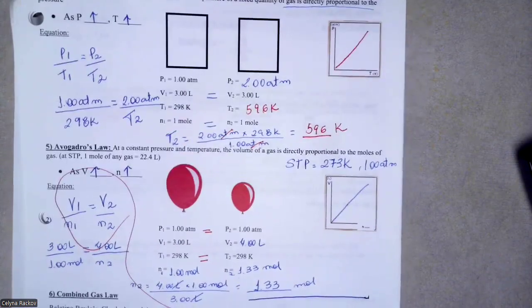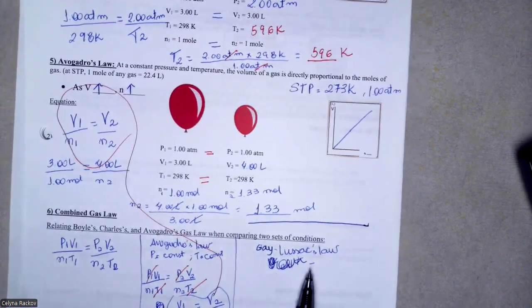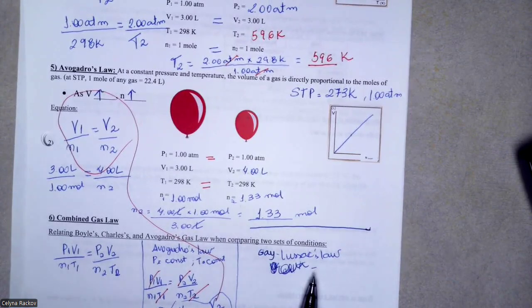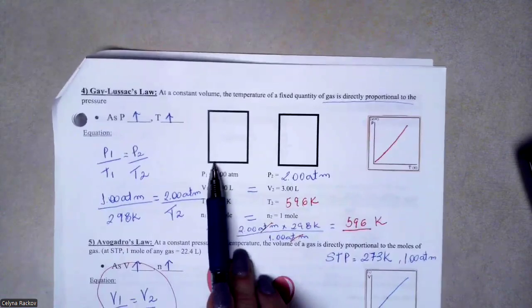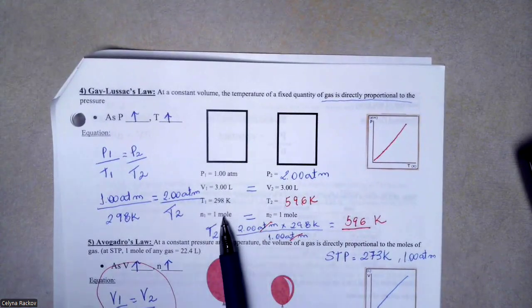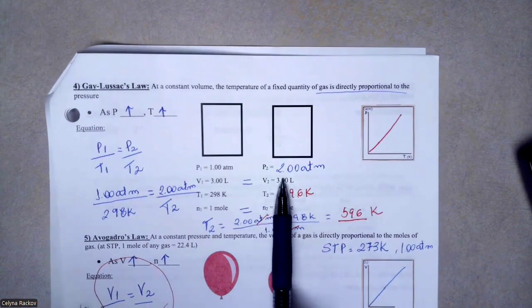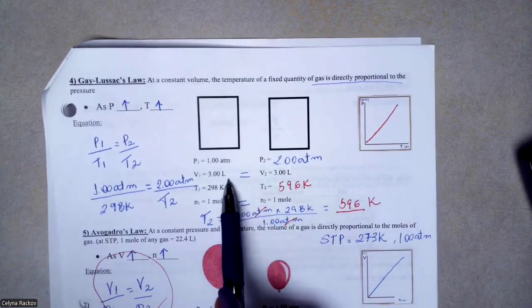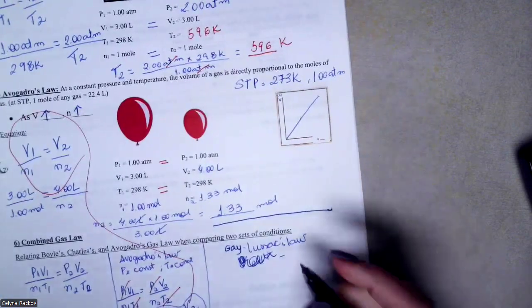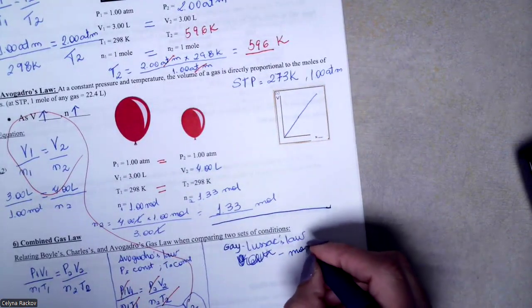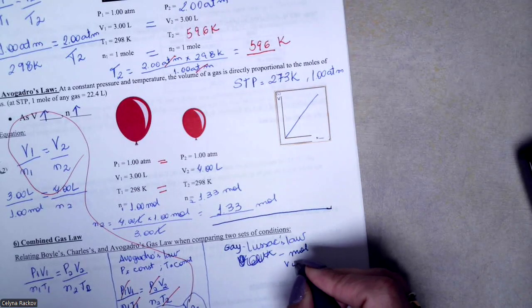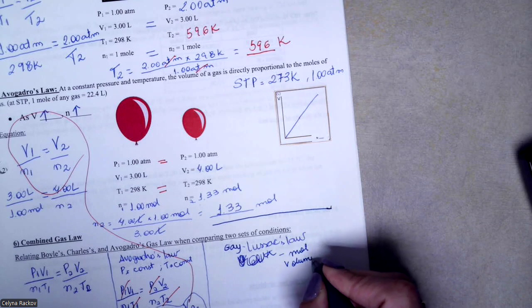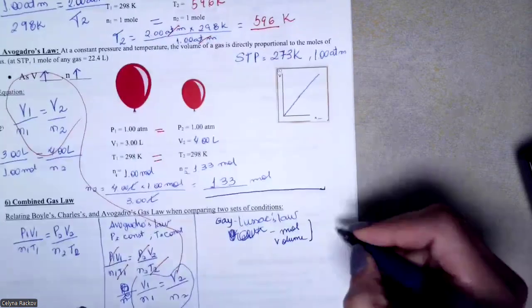In that case here, for Gay-Lussac's law, what is not changed, right here? Moles and volume are the same here. So for Gay-Lussac's law, moles and volume are constant.